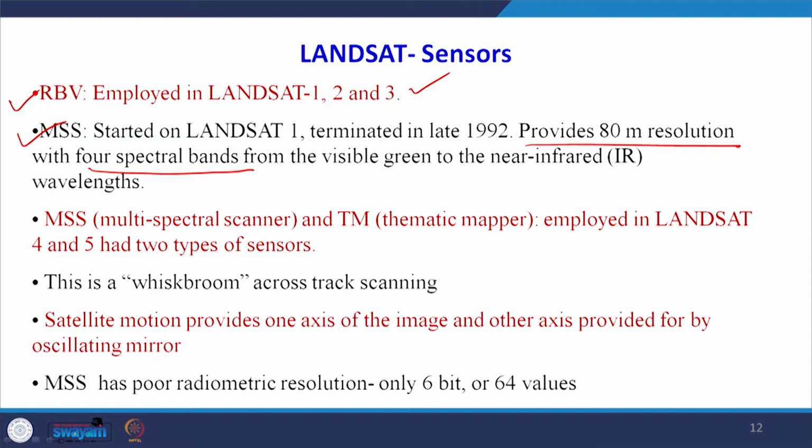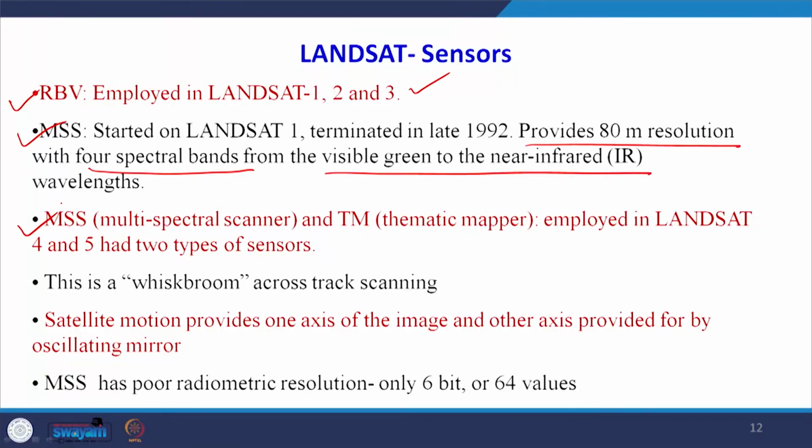We could get this data in visible, green and near infrared wavelength regions. We used to get 4 images of the same area, so we can carry out the analysis of these images together in order to identify the optimum number of features from these images.